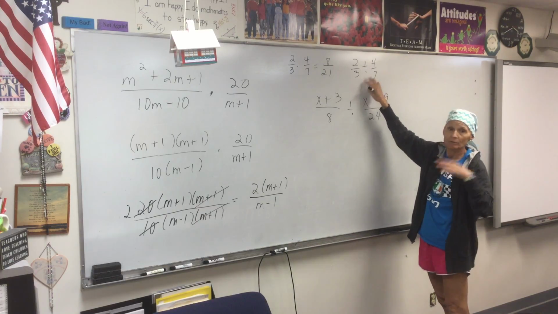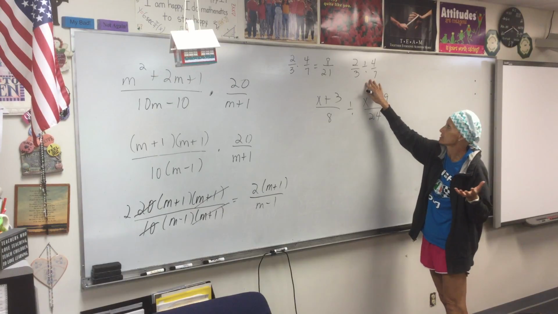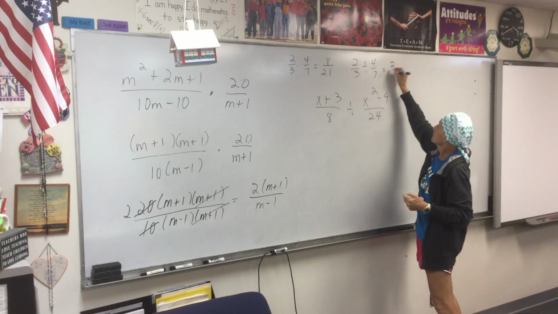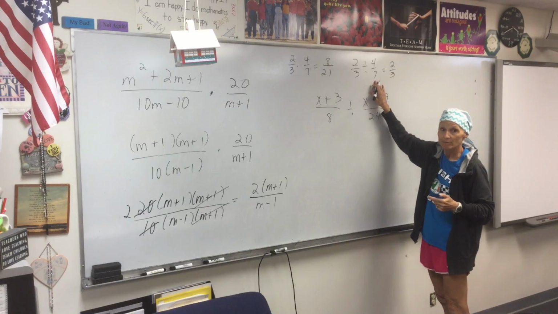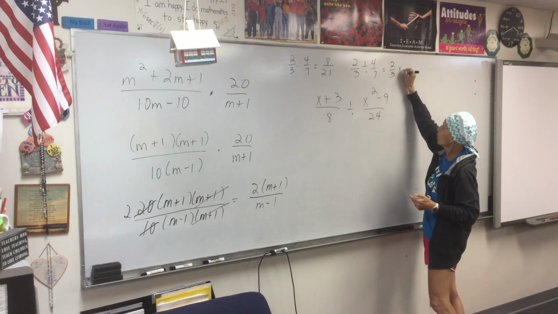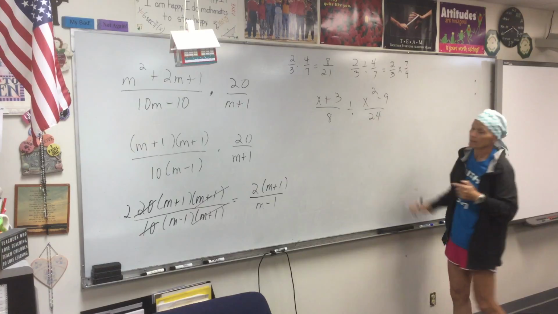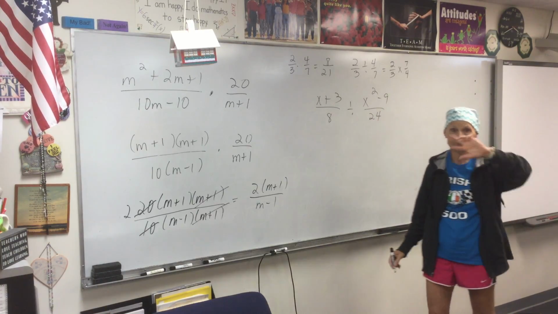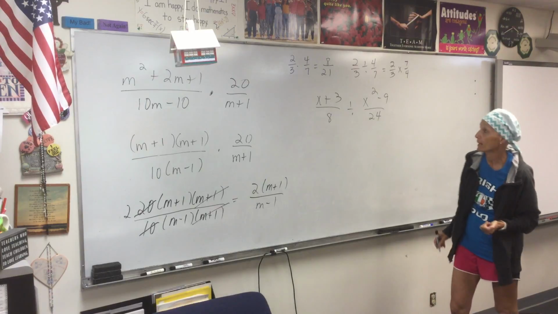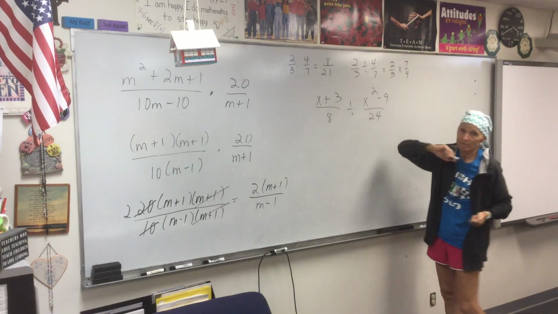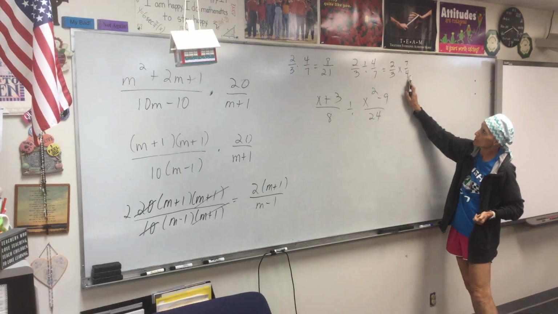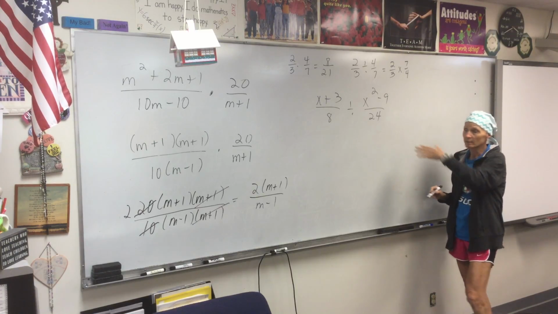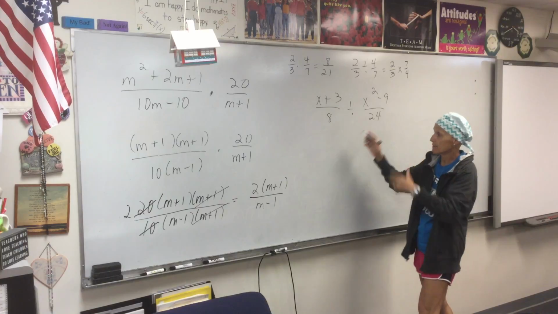How did you handle the division of fractions? Well, hopefully you remember that when you divide fractions, you multiply by the reciprocal of the second one. We call it inverting and multiplying, flipping it over and multiplying. So 2/3 divided by 4/7 would be 2/3 times 7/4. Same thing. A little bit bigger problem, but same idea.